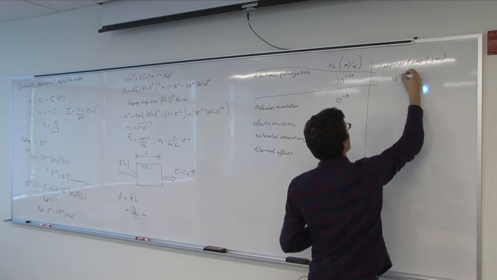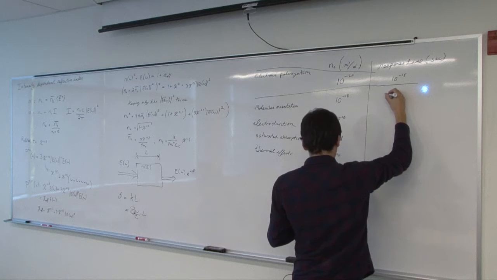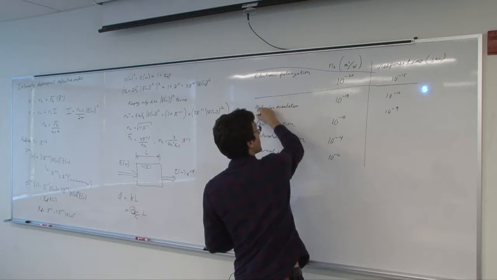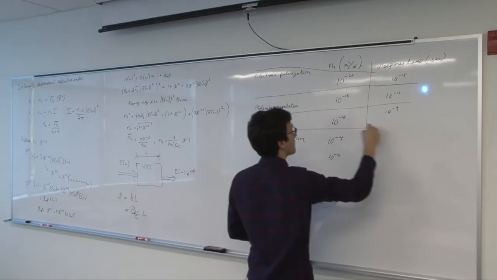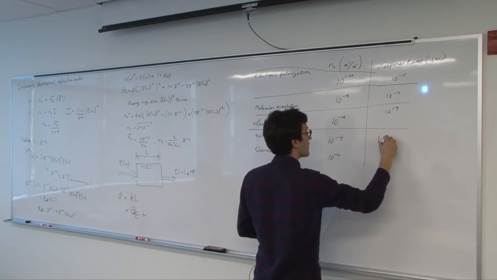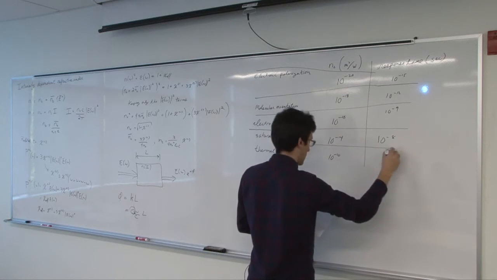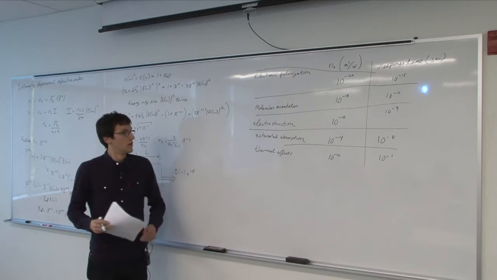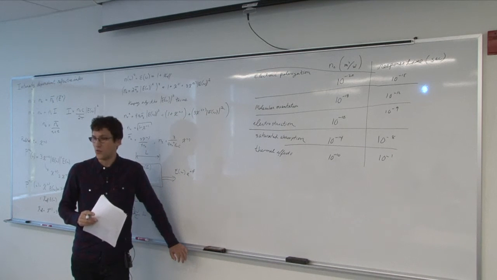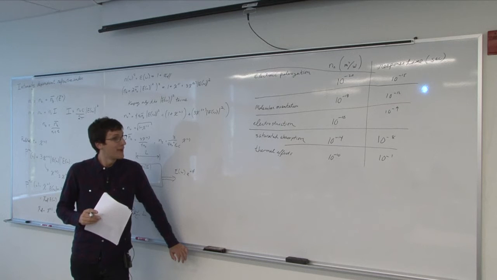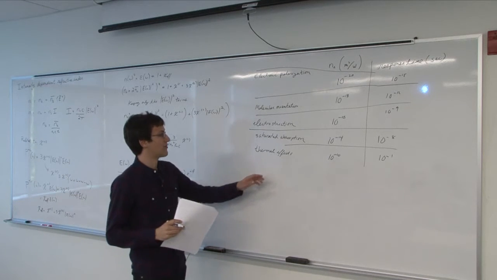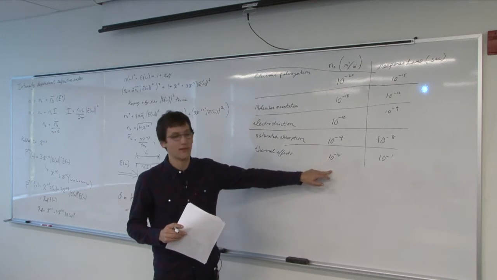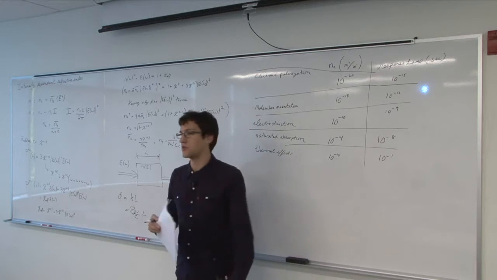So 10 to the minus 15, 10 to the minus 12, 10 to the minus 9, 10 to the minus 8, and 10 to the minus 1. So it is pretty clear, or one can deduce from this chart, that if you want to have a very high refractive index change due to the intensity, you will find that the response time is really low.